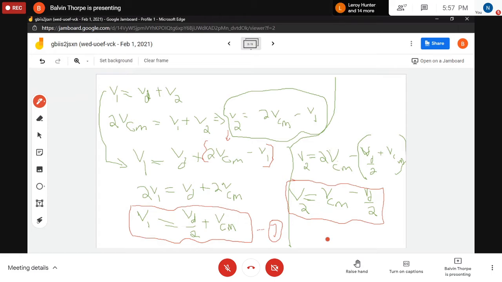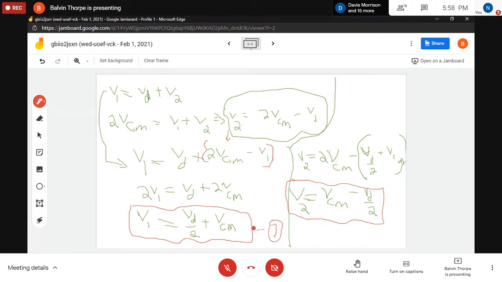That makes life a little bit nice and simple for us. We know what V1 is now; we have found V1 solely in terms of VD and VCM. So we want to find V2 likewise, solely in terms of VD and VCM. We said V2 equals 2 VCM minus V1, but now we know what V1 is.